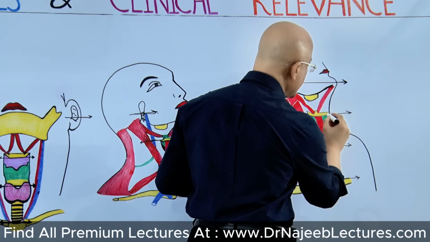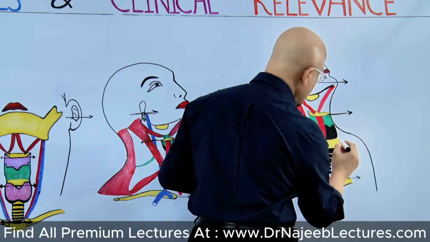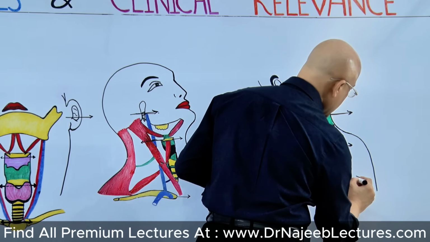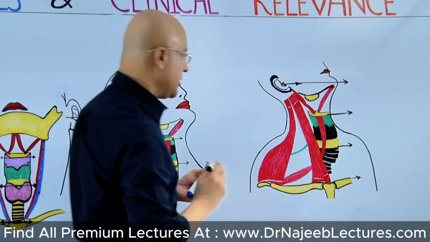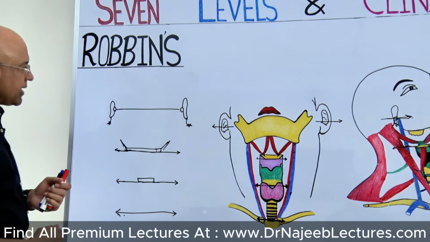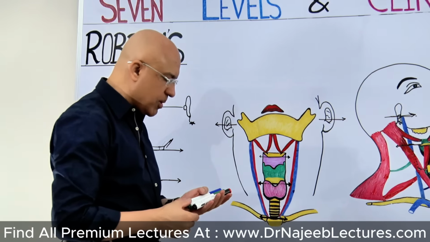What is this? Inferior border of hyoid, inferior border of cricoid and suprasternal notch and clavicle.